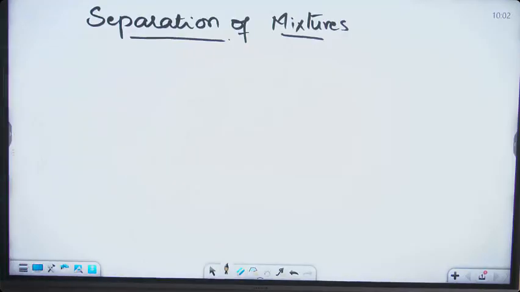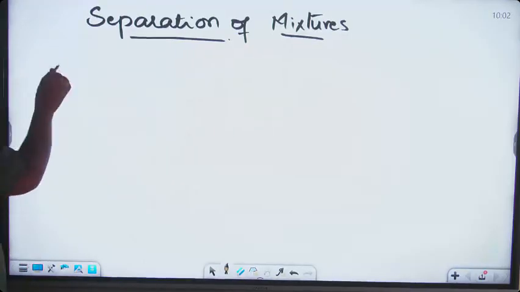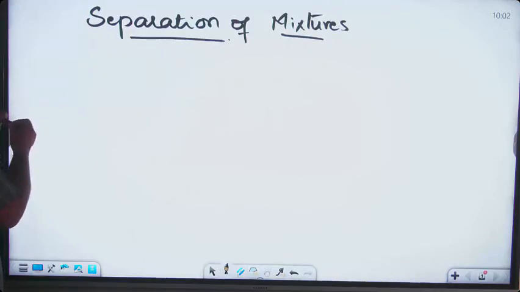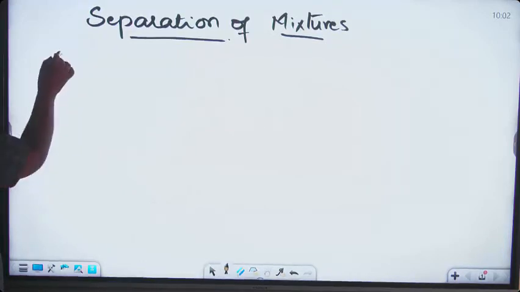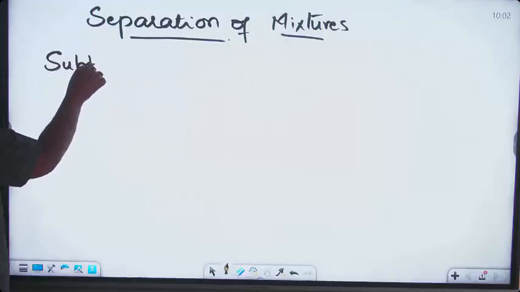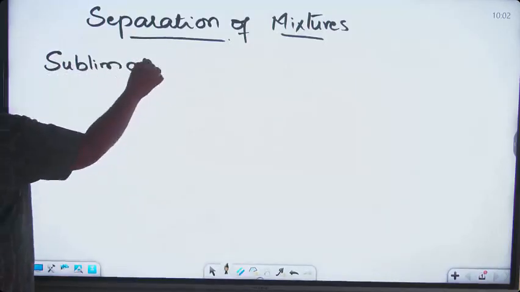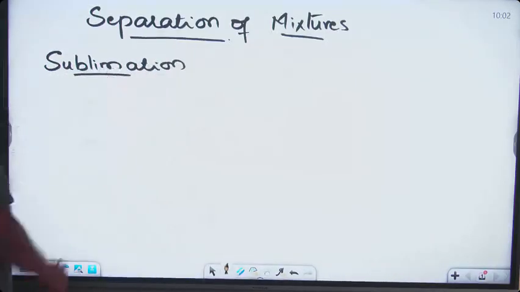So the very first one is the sublimation method. What do you mean by sublimation?